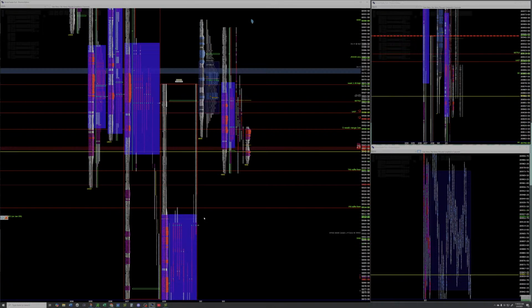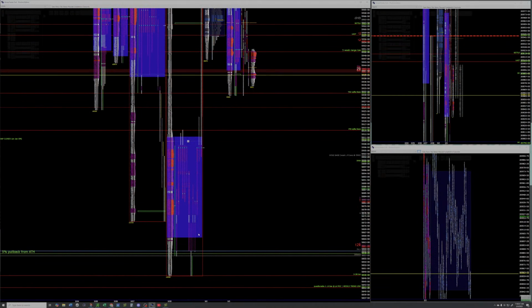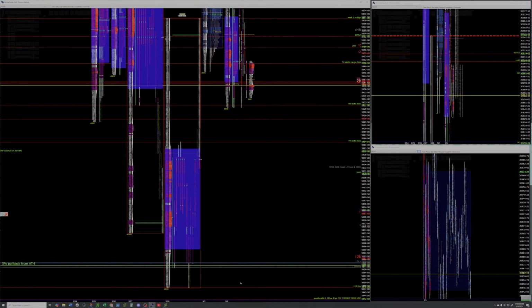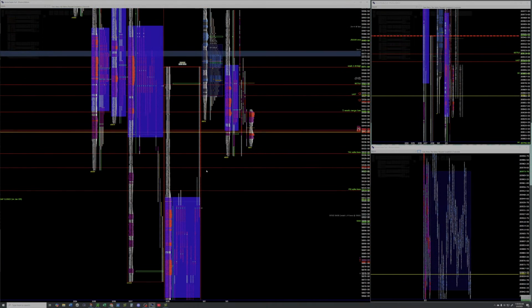But we know that Friday was short covering. Short covering is nothing more than shorts being squeezed out of the market. Everybody that was short in this market, for some reason they were thinking the market can go lower, they were just forced out.